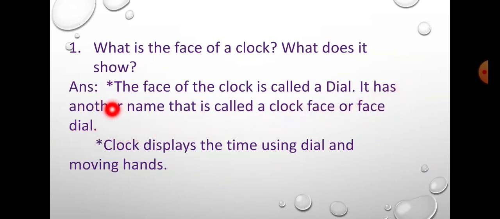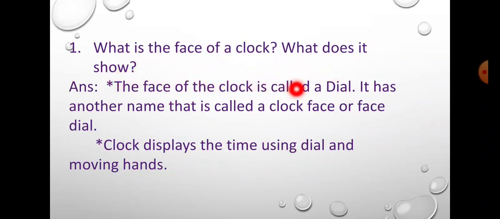The clock displays the time using the dial, which means the face, and by moving the hands. So this is the answer for what is the face of a clock, what does it show.